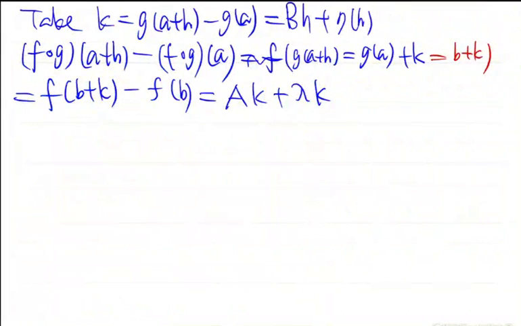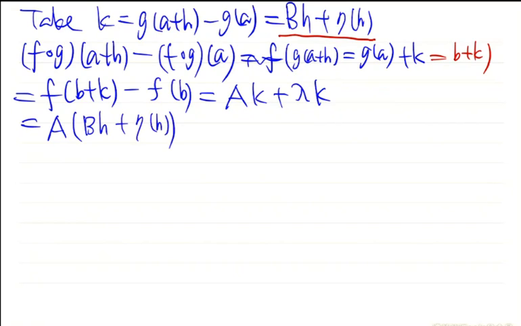So we have this, a k. Now, sorry, we use k equals b h plus eta h. So this is a times b h plus eta h, plus lambda k, also b h plus eta h.